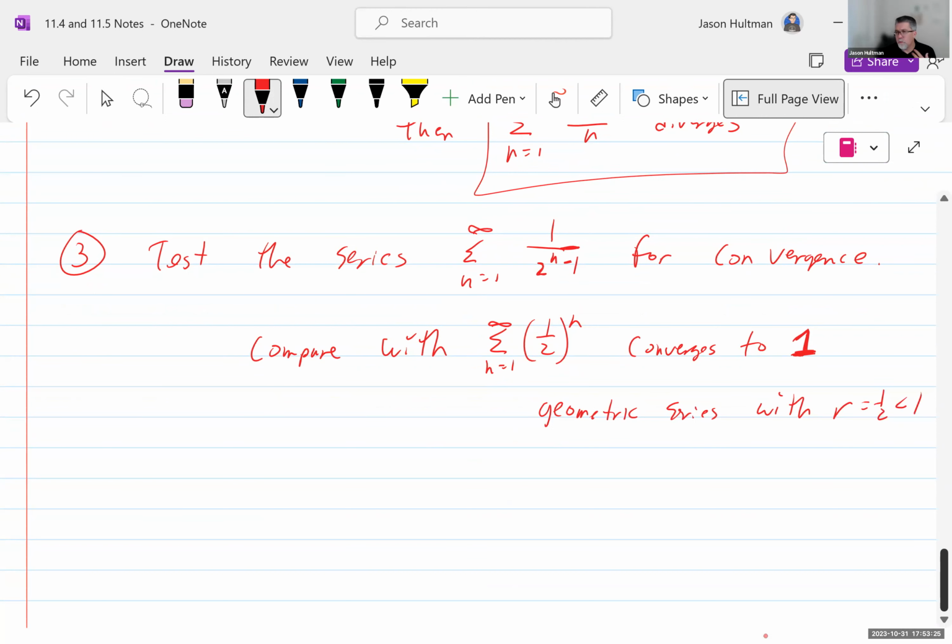So I don't really need to calculate what it converges to. I just remember that it does converge to 1 because we keep adding 1/2 plus 1/4 plus 1/8. The geometric series with r equals 1/2 is less than 1, so it converges. So this is convergent.